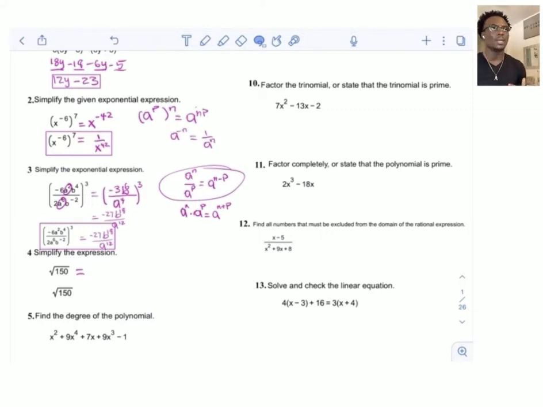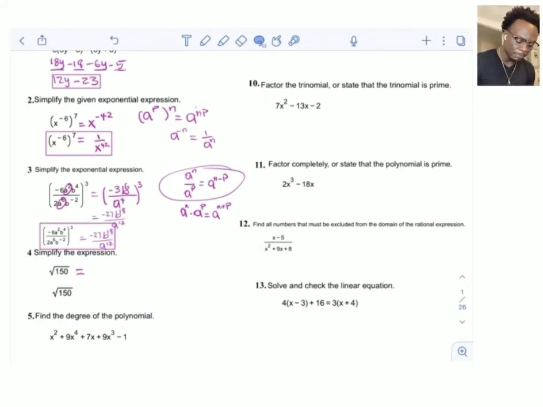You need to make sure that 150 doesn't have a factor that is a perfect square, which would let it be broken down. If not, then you would say that the square root of 150 is not simplifiable. But in this case, I know 25 goes into 150, and 25 is a perfect square because 5 times 5 is 25. So 25 is a perfect square and a factor of 150.